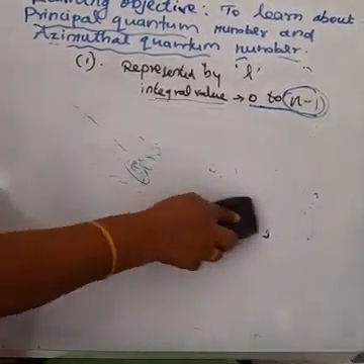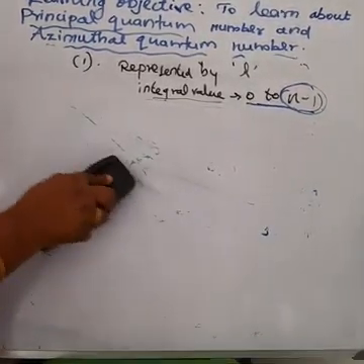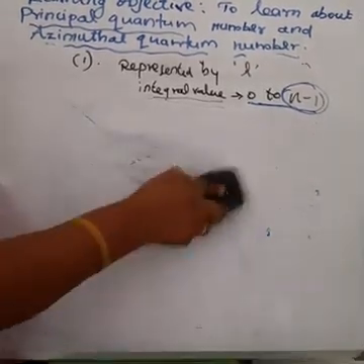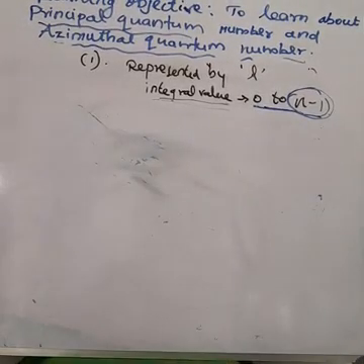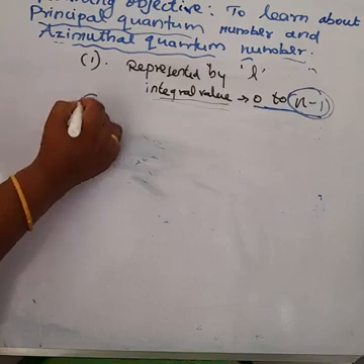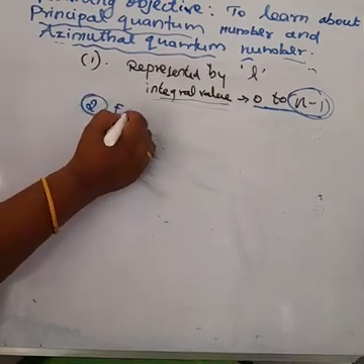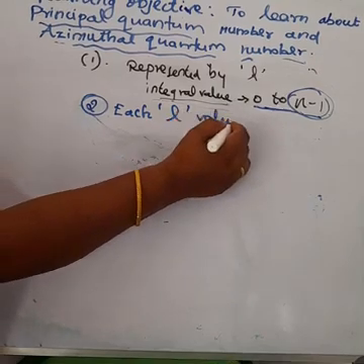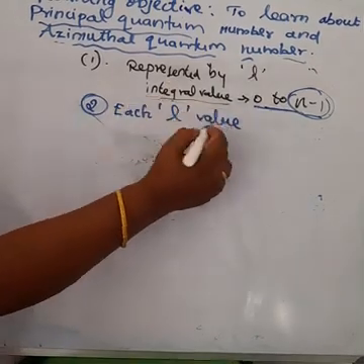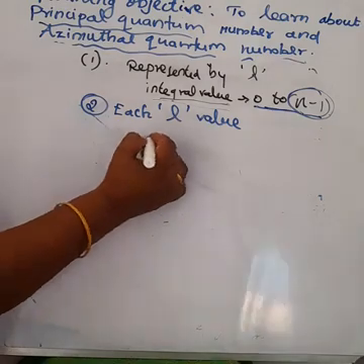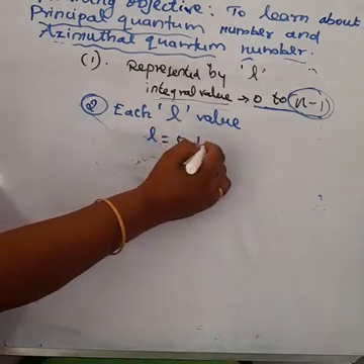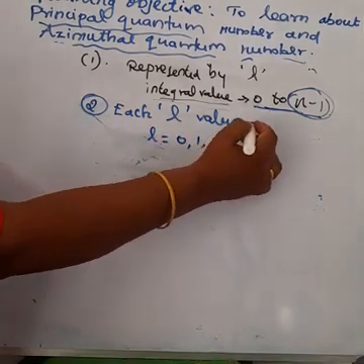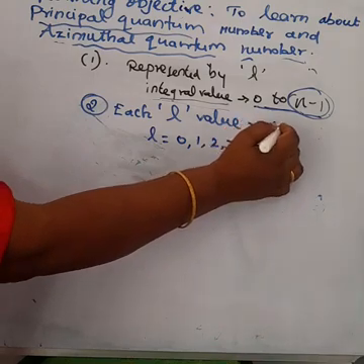And what about the second point? The second point: each L value represents a subshell. Each L value, L is equal to 0, 1, 2, 3, represents a subshell. N value represents shell. L value represents subshell.